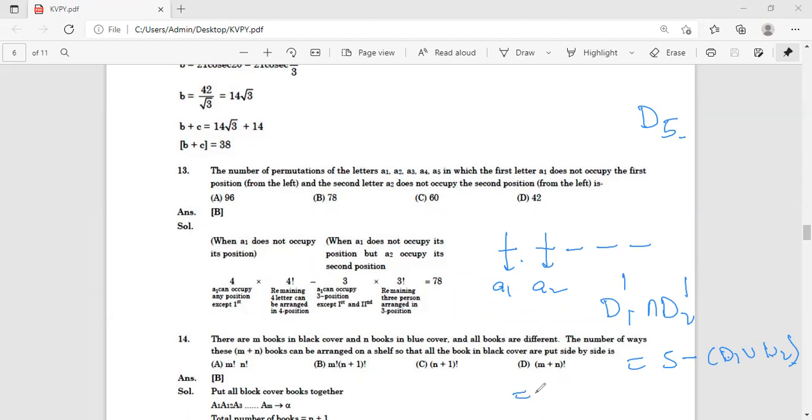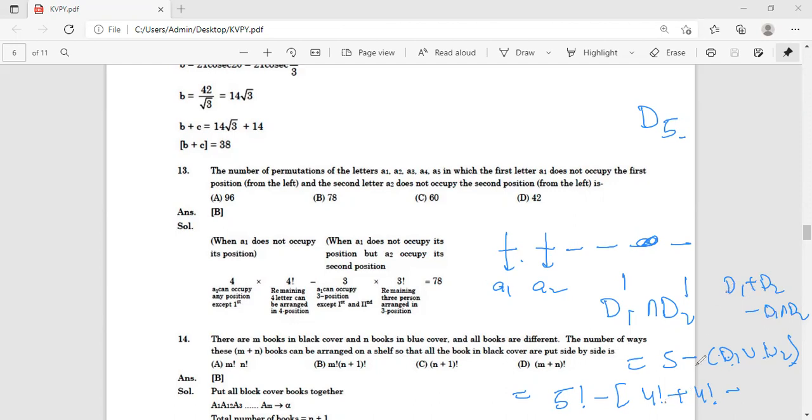So now the total number of ways of arranging is how much? These are 5 things, right? Yeah. So total is 5 factorial minus D1. If D1 comes original, it is 4 factorial. So 4 factorial plus D2 is 4 factorial, minus D1 intersection D2. D1 union D2, you can open it: D1 plus D2 minus D1 intersection D2.